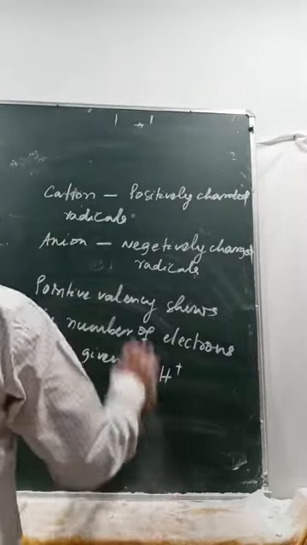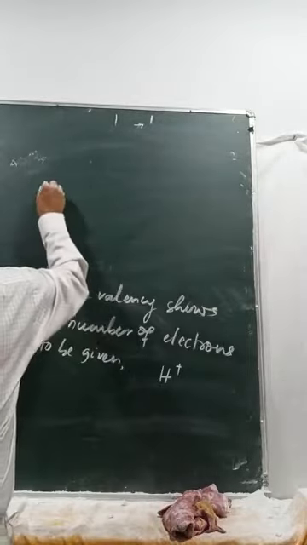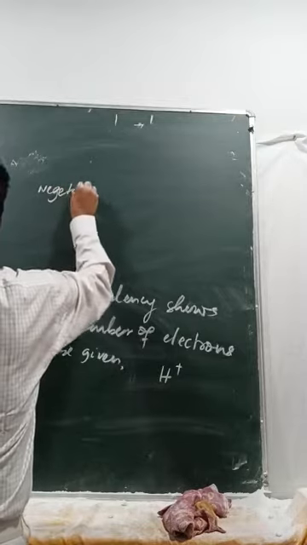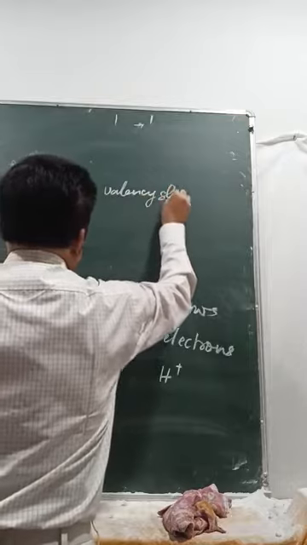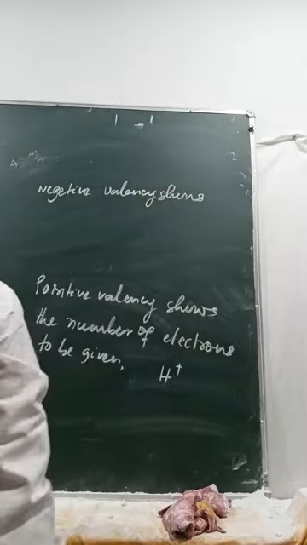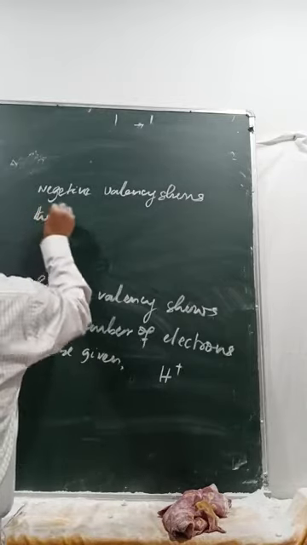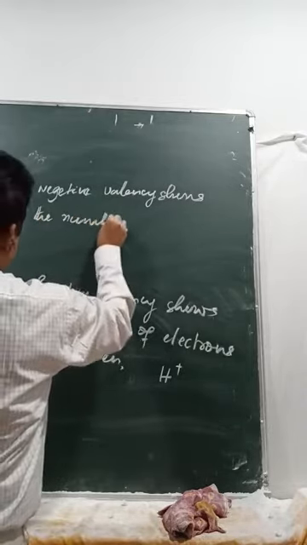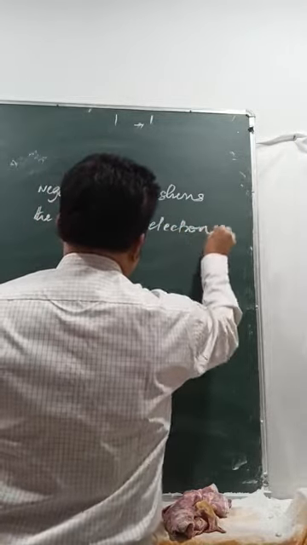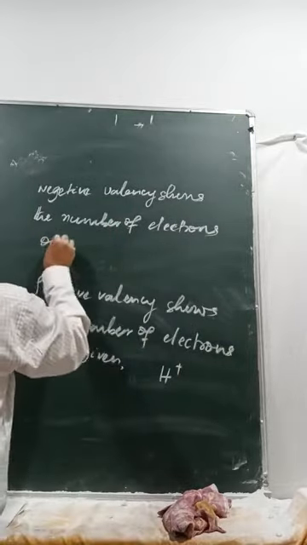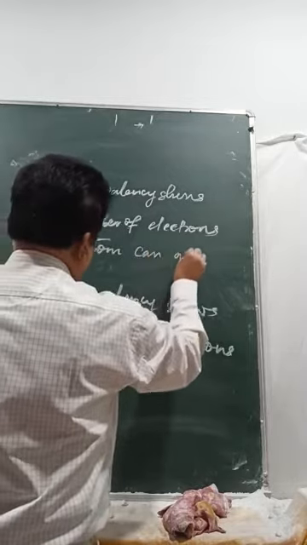Negative valency is what? Negative valency shows the number of electrons one atom can accept.